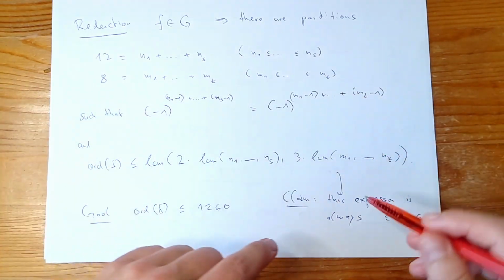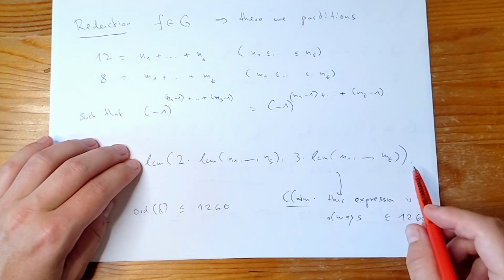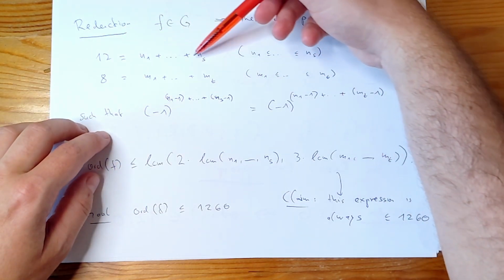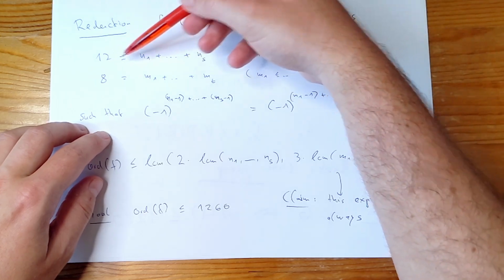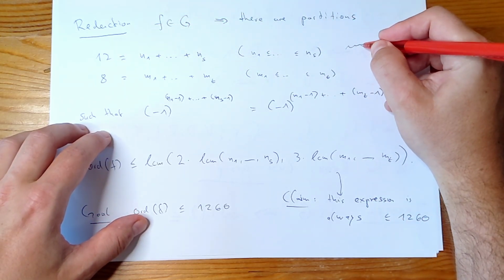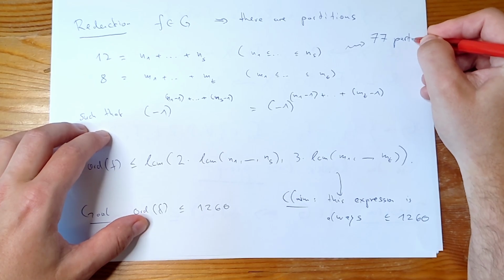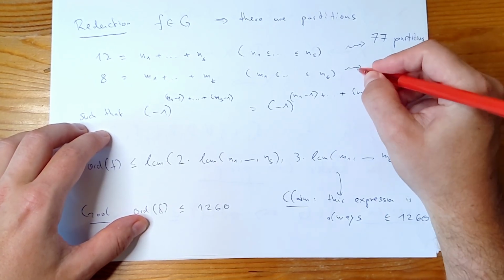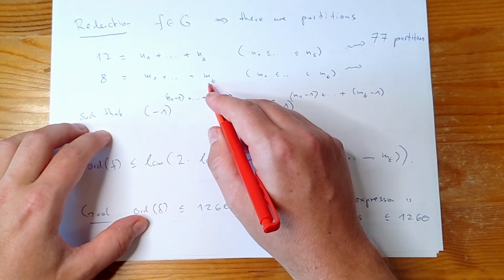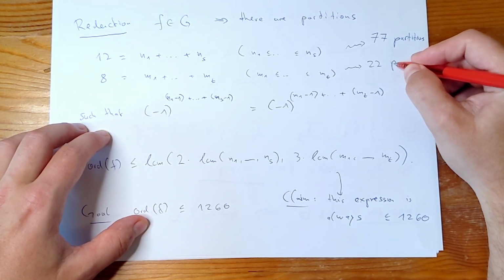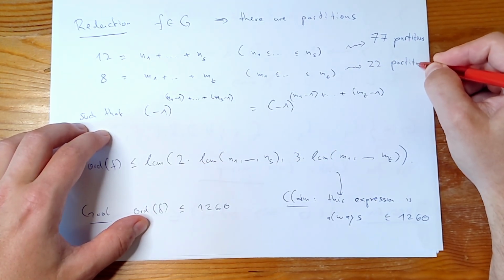Okay, but in order to verify that this expression is always at most 1260, we need to go through all the partitions of 12, and it turns out that there are actually 77 partitions of 12. Also, we have to go through all partitions of 8, and it turns out that there are 22 partitions.